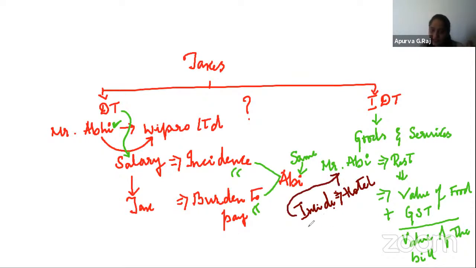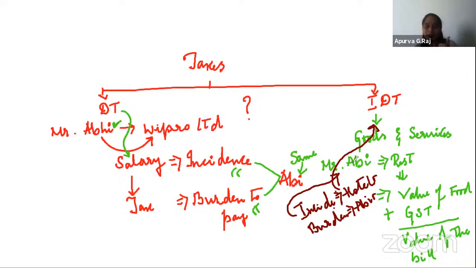Incidence is on the hotel and the burden to pay a tax is on whom? It is on Abhi. When the incidence to pay a tax is on one person and the burden to pay a tax is on another person, this constitutes another concept, IDT. When the incidence to pay a tax is shifted to another person, it is called an IDT.